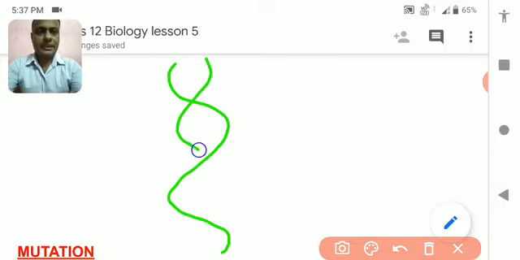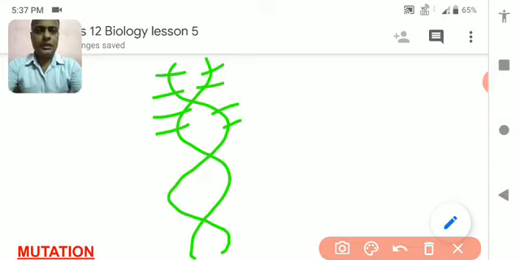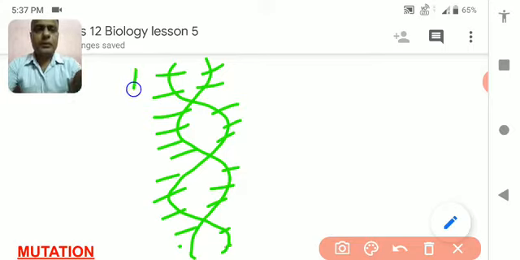Once again, just wait and understand it. This is the DNA. The DNA has several nucleotides which make a ladder-like appearance. Suppose it is adenine, just opposite to adenine there will be thymine.